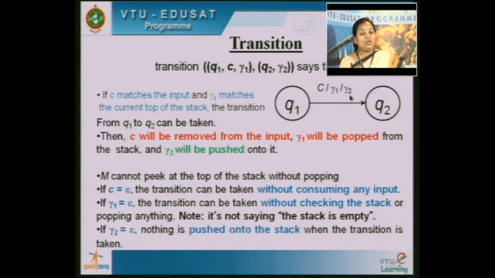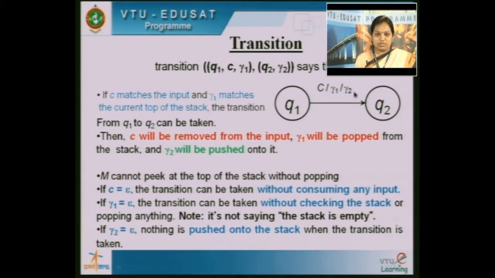Next, if gamma2 is epsilon, it means nothing is pushed into the stack. Move from state q1 to q2 for the input c and pop gamma1. No need to push gamma2 because gamma2 is epsilon. So, these are the three possibilities: if c is epsilon, then without consuming the input, perform the transition. If gamma1 is epsilon, then without checking the status of the stack, perform the transition.